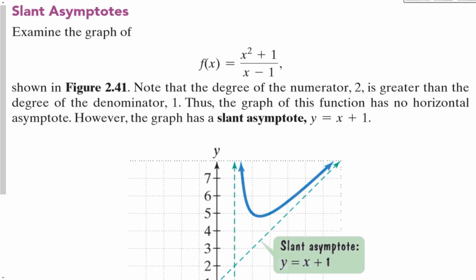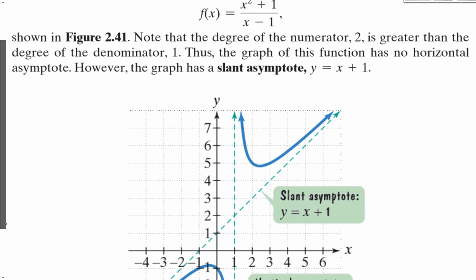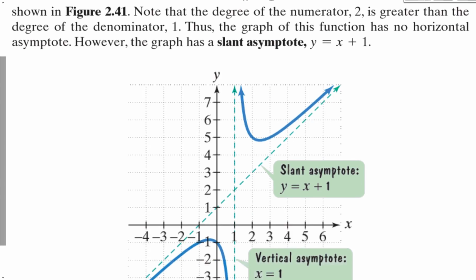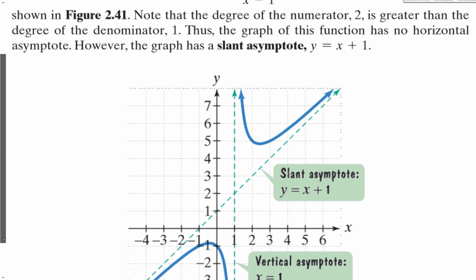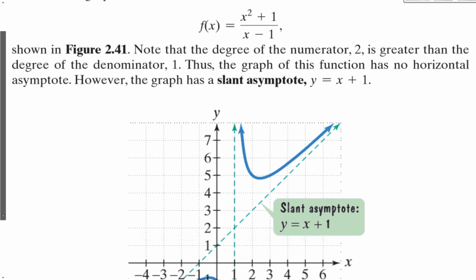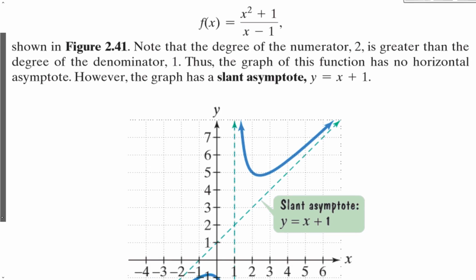So if you examine the graph of x squared plus 1 over x minus 1, and here's the picture of that graph. Here's the whole picture. Note that the degree of the numerator, x squared, is 2, which is greater than the degree of the denominator, 1.